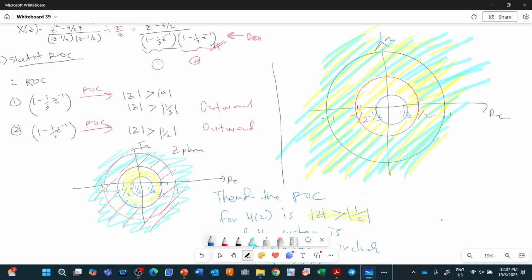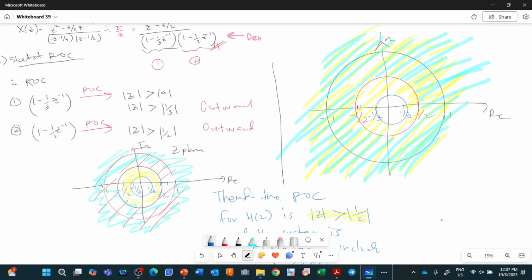This one is only yellow inside. At 1/2, we have both yellow and blue. So by definition, the ROC is defined when you have both, including the unit circle. But we need to know at what Z value that includes both. At Z more than 1/2. You get it?